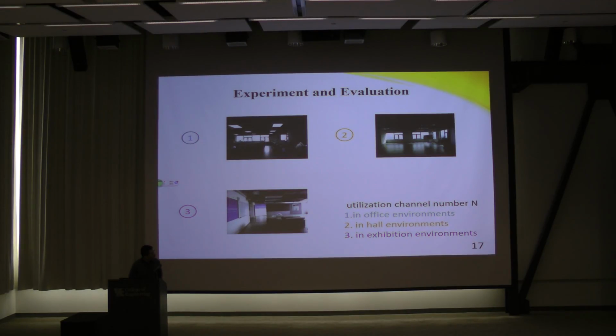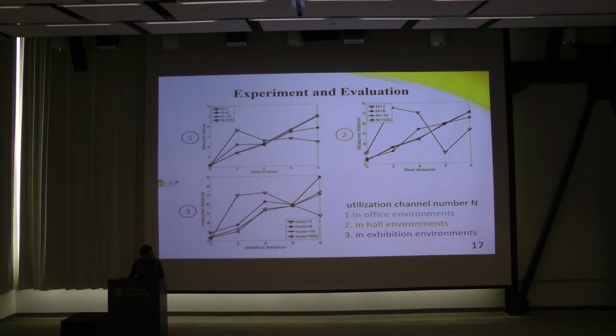And we do some experiments and evaluation. There are 3 different environments for the experiment. The first one is the office environment. The second one is the hall environment. The third one is the exhibition environment. These are our results. The red line is the traditional method.